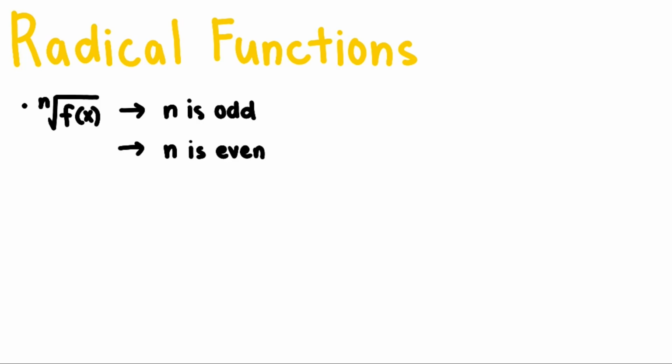In limits, when we have n to be odd, then we'll simply directly substitute the given value of x, since we know that if n is odd, the domain of the function inside is all real numbers.